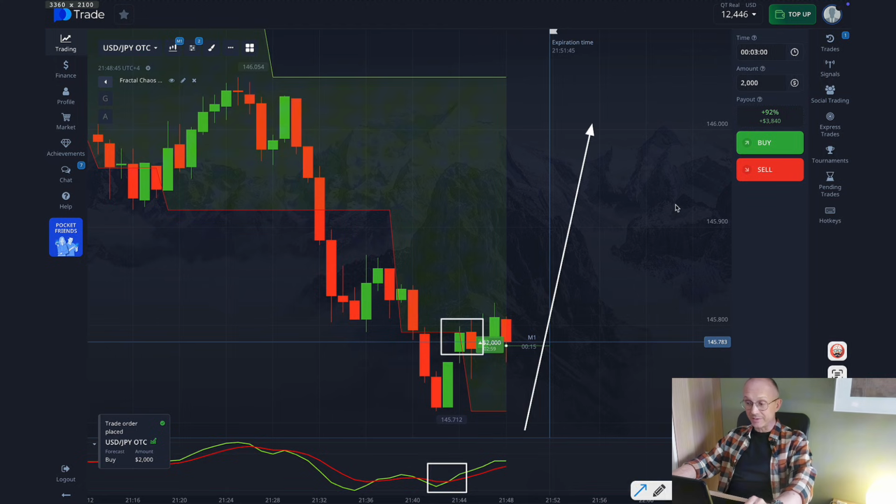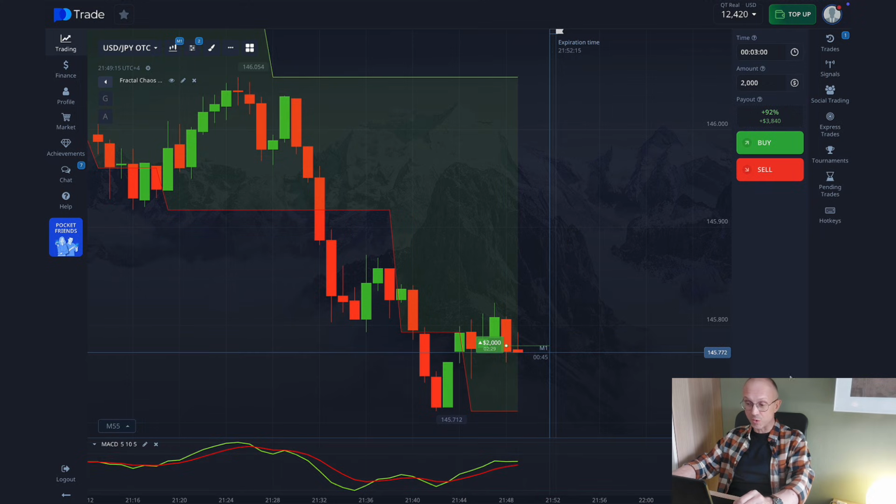Remember the main thing, the key to success in this approach is the clear synchronization of signals. Don't rush and react to the first indicator that starts giving a signal. If other technical analysis tools do not yet confirm this direction, there's a high probability that the signal will turn out to be false or simply premature. The best thing you can do is be patient and wait for the full picture.